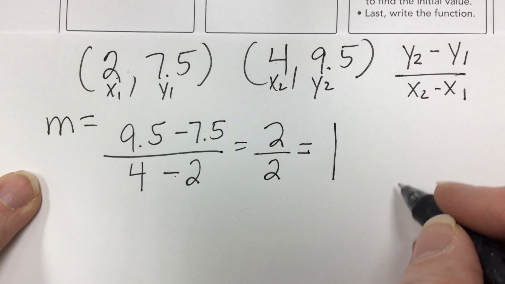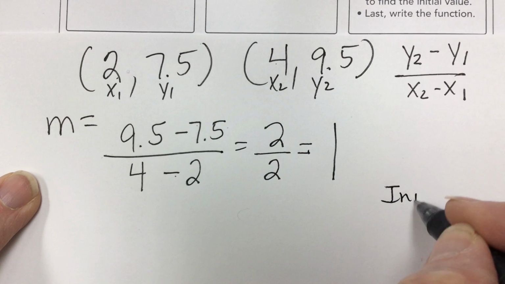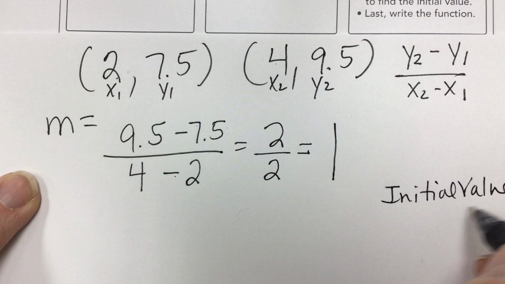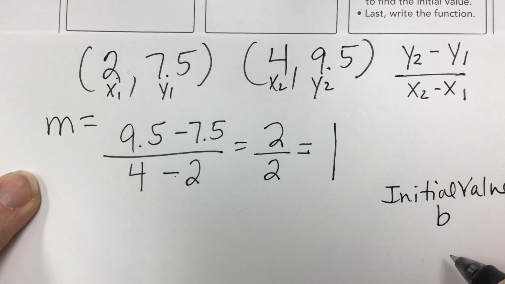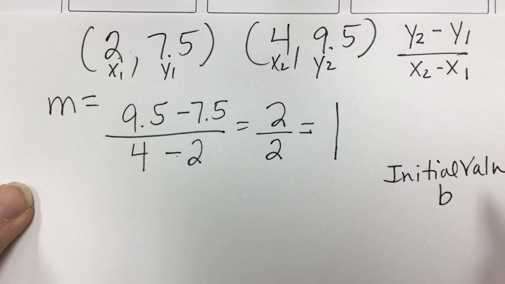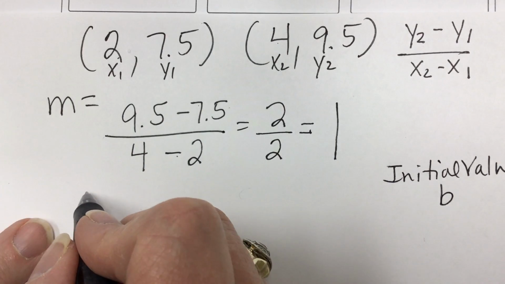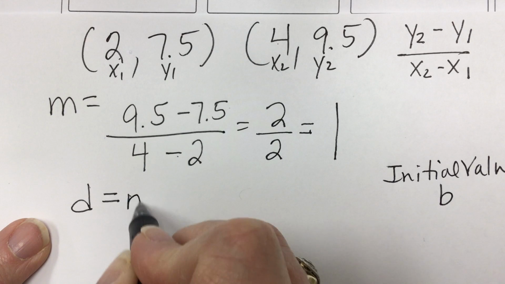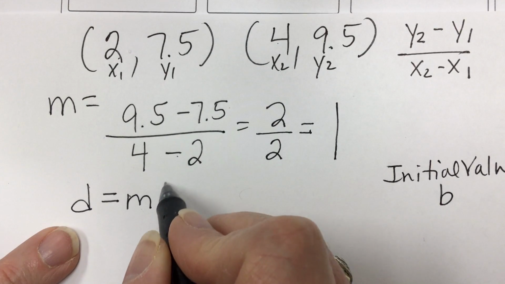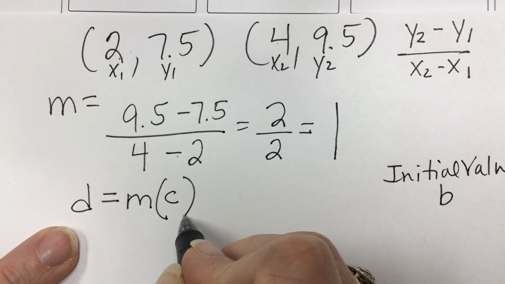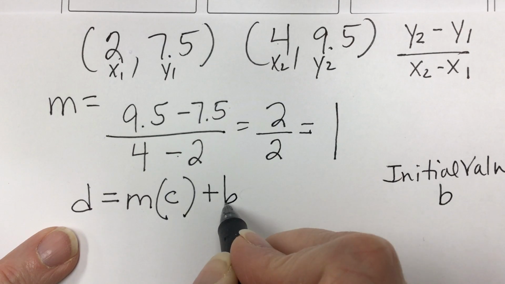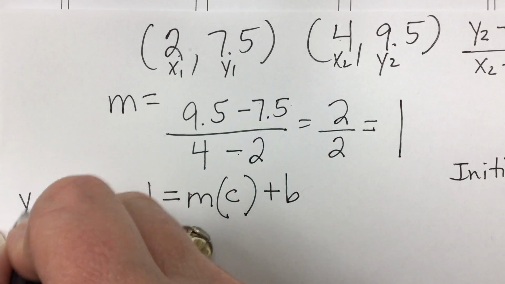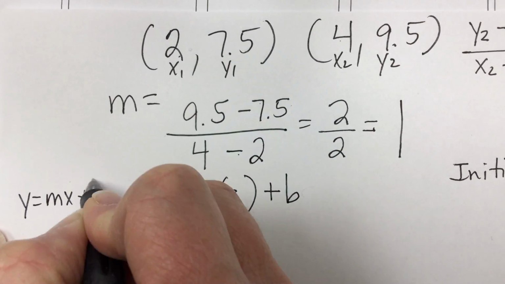The next thing we need to do is to find our initial value, which is our B, our y-intercept. So if D is your cost, it would be your slope times C, which is the number of charms, plus B. We're used to using y equals mx plus b.